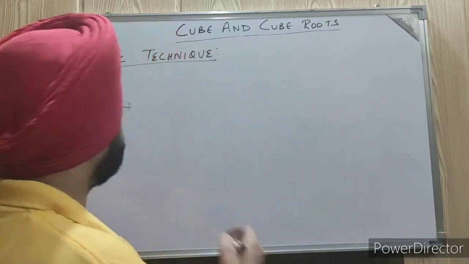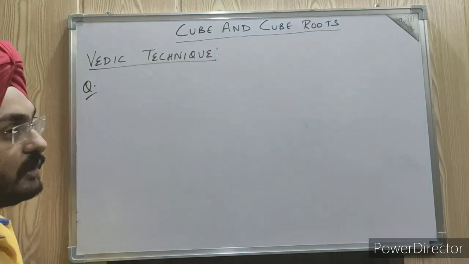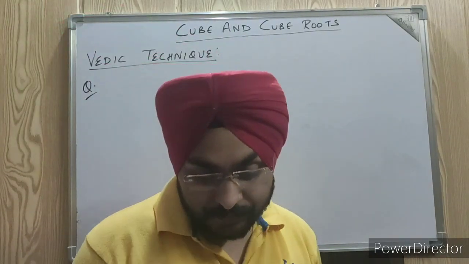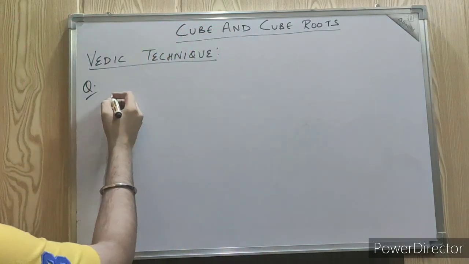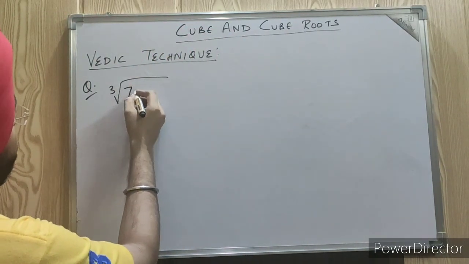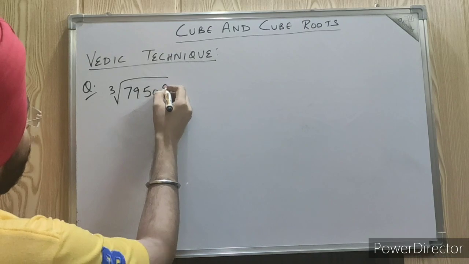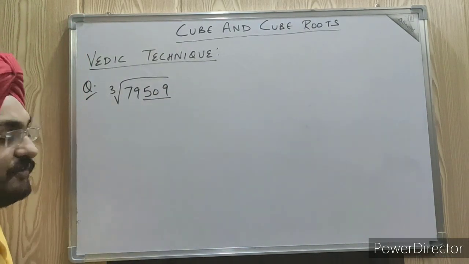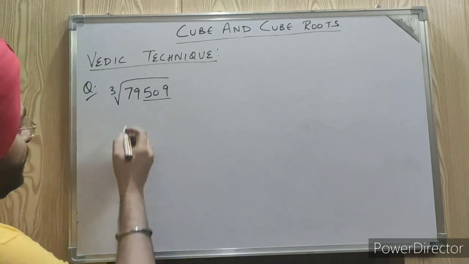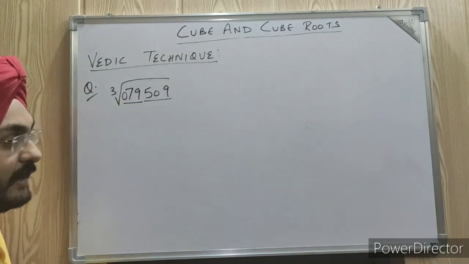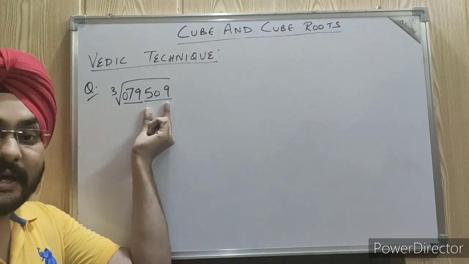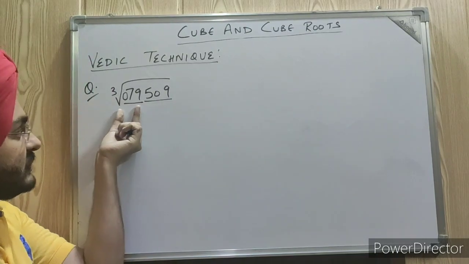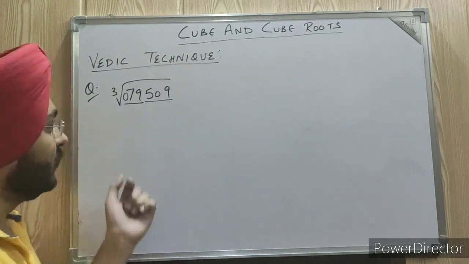So we'll take an example to find the cube root of a number. Find the cube root of 79509. This 509 is forming a triplet, and this 079 is also forming a triplet.